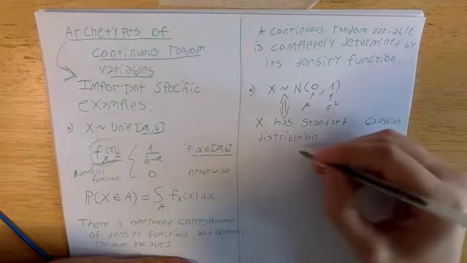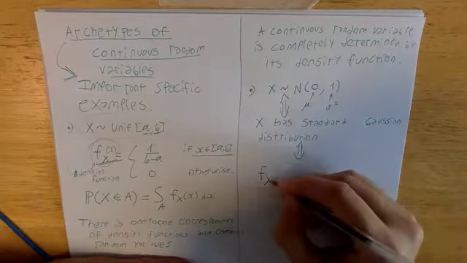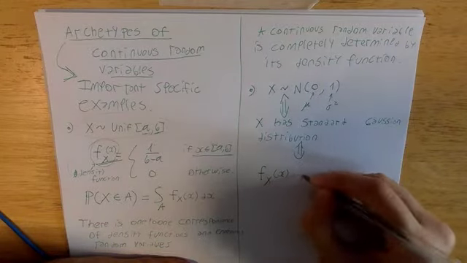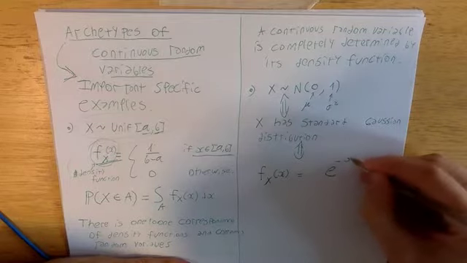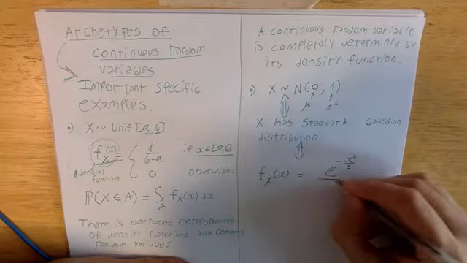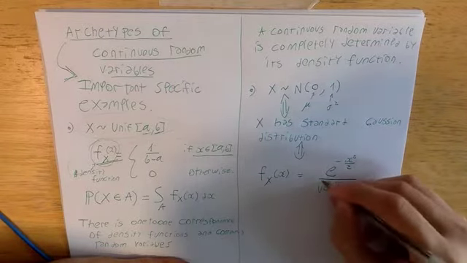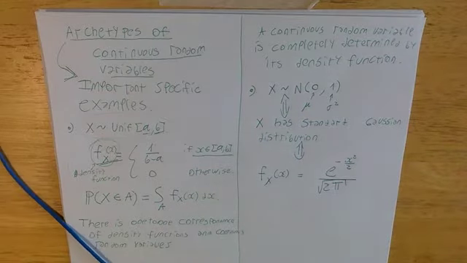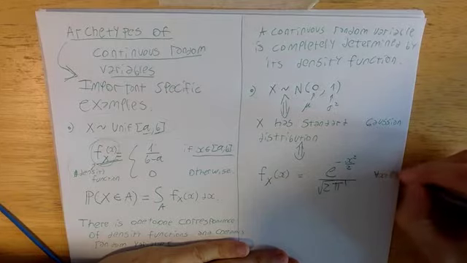This is the same as saying that the density function f(x) at a given x is equal to e to the minus x squared over 2, over the square root of 2 pi. And this is for every x in R.